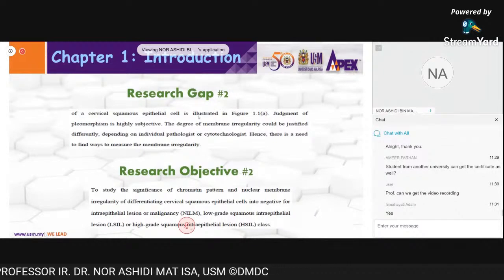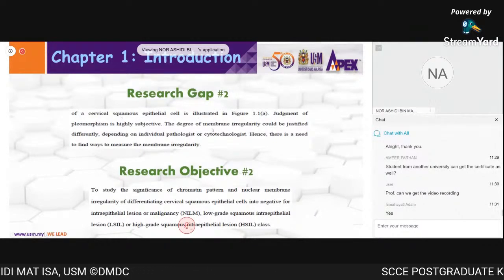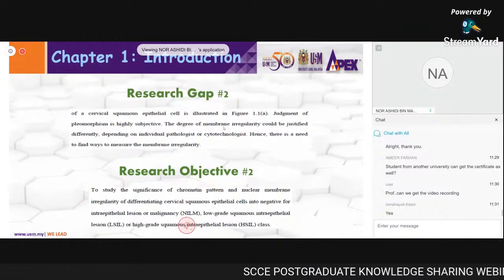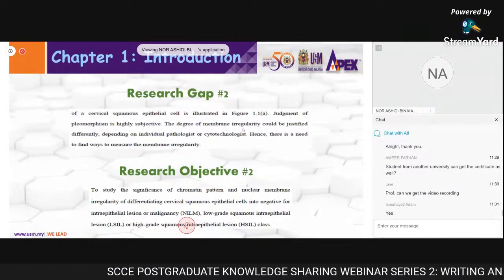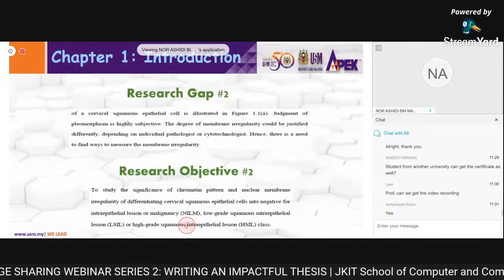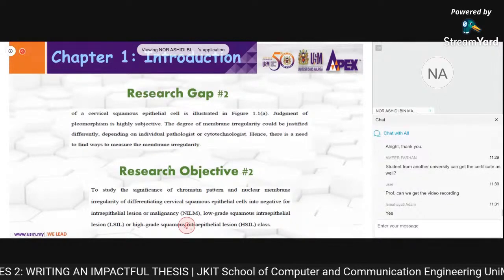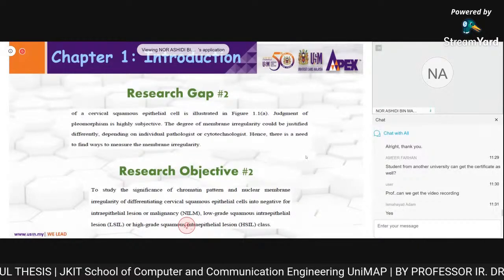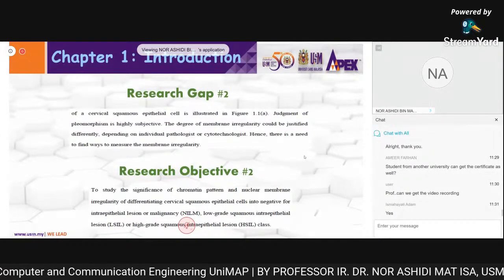To overcome the problem of being highly subjective in extracting the membrane ability as well as the chromatic pattern. Okay, so this is the specific research gap, and this is the objective to achieve that research gap.